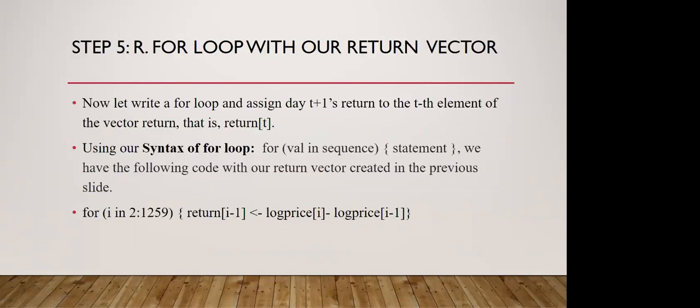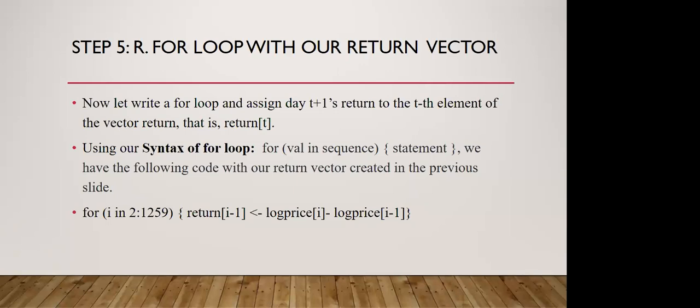Now that we know what the for loop means, we're going to use the for loop to model our return. We now write a for loop and assign date t+1 to the tth element of the vector, that is return t.